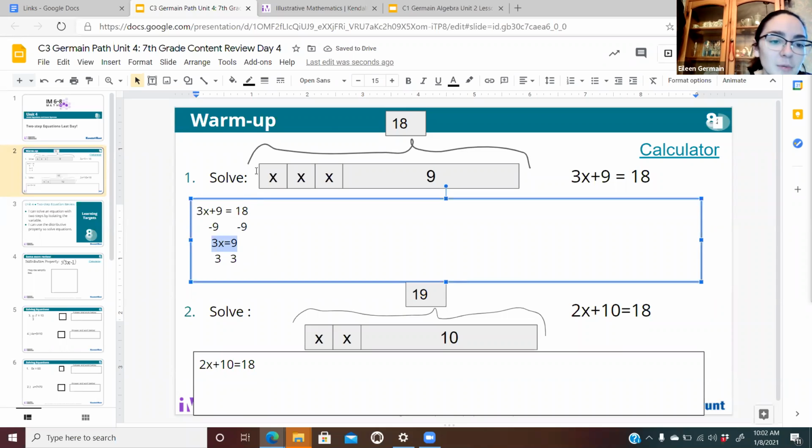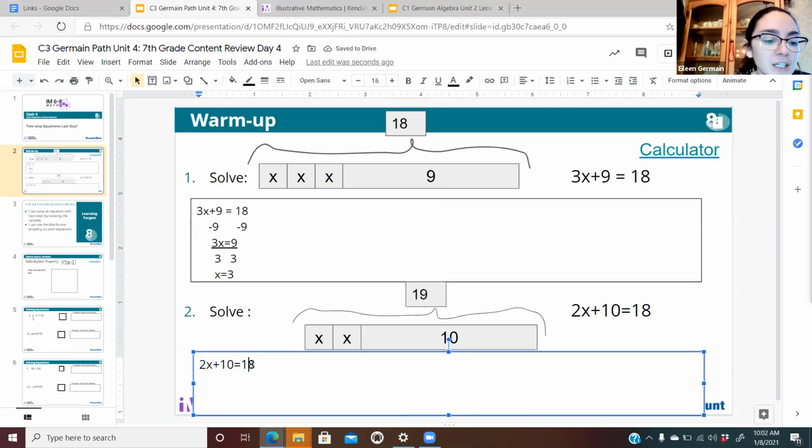We need to remember that we need to do it to both sides, okay? So when I divide by 3 on the left, it cancels out my 3s and we're left with just x is equal to 9 divided by 3, which is very good. Nice job, Avery, Bridget, and Jaden. It's going to be equal to 3. Very good. Nice job. x is equal to 3.